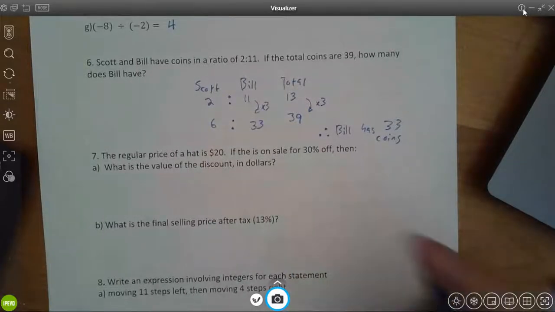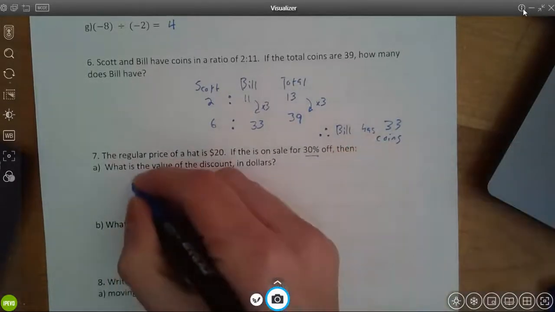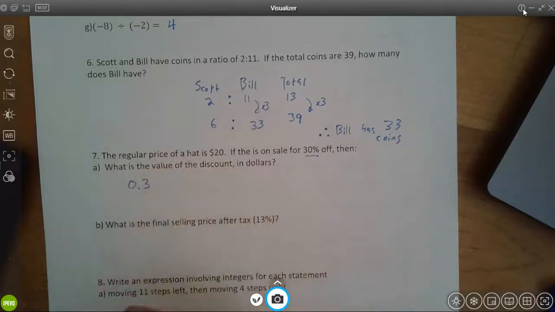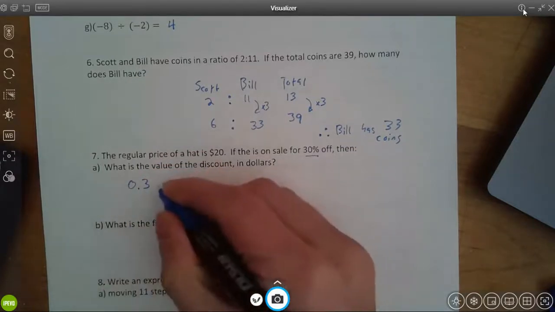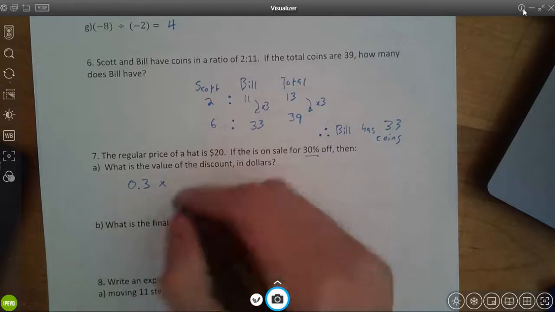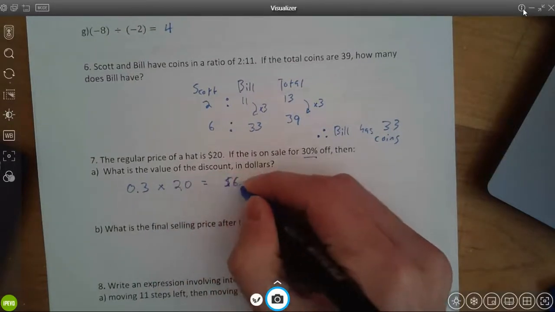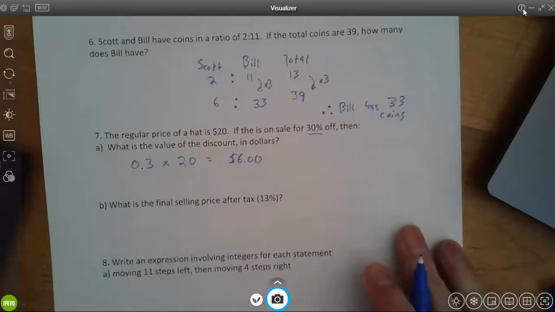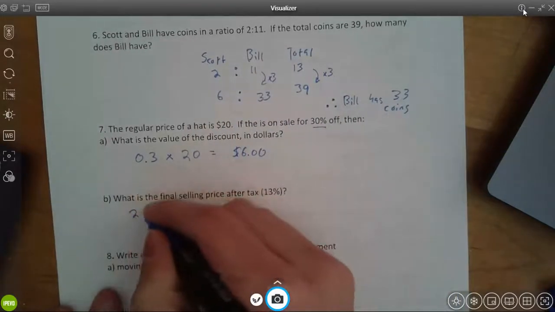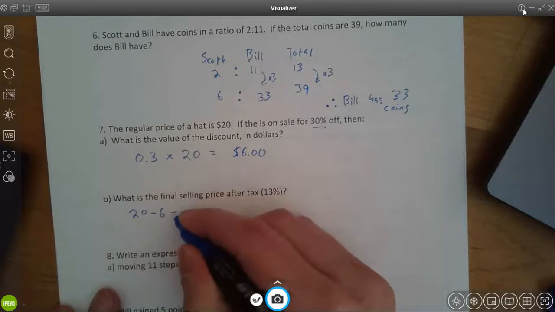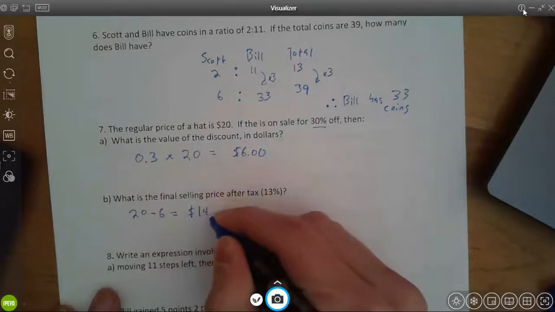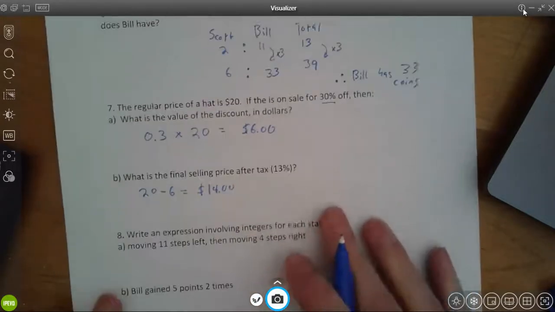Again, anytime we see a percentage in math, we normally convert to a decimal. The discount is a percentage of the price. So of always means multiply. So my discount is $6. That doesn't mean I get to pay $6 for the hat. That's the value that I can take off the hat's initial price. So the hat's going to cost $14, but we pay tax in Canada.